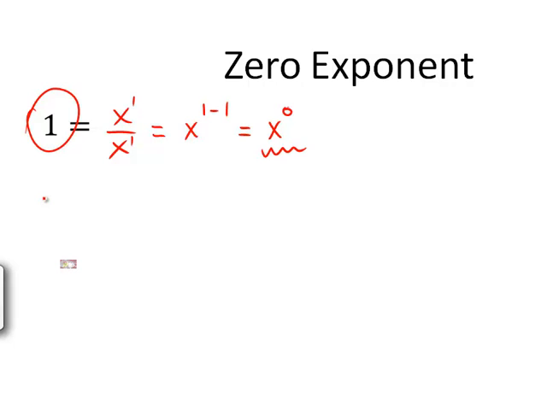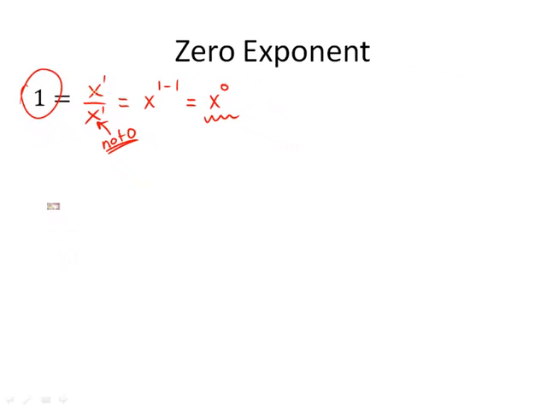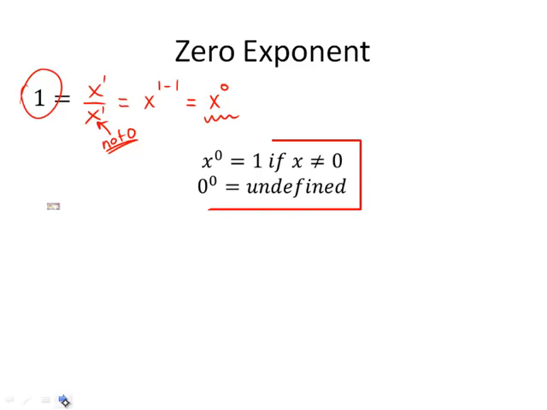Well, yes, that is correct, as long as that anything is not 0, because remember, we cannot divide by 0. You can't have 0 over 0 equaling 1, but you can have anything else. So our rule for this example is that anything to the power of 0 is equal to 1, as long as your x is not 0.